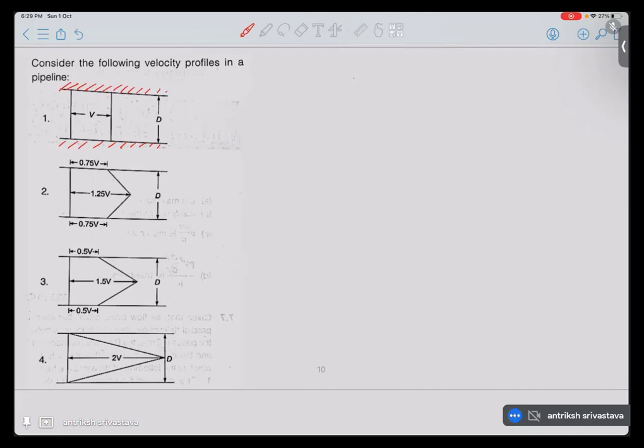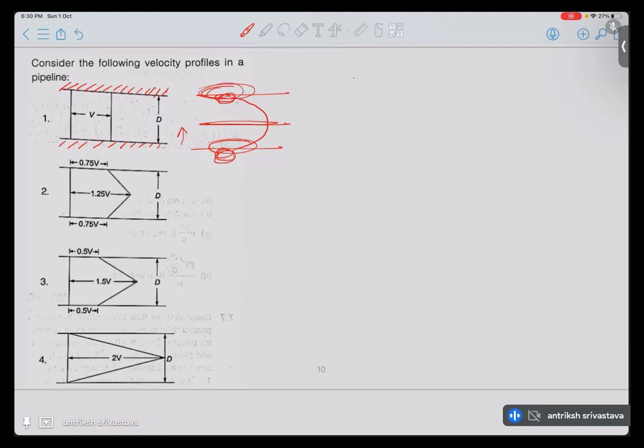How the velocity will vary as we go up the plate is very clear to us: since the shear stress is very high near the plates, the velocity will be lower on this side and maximum somewhere in the middle. So usually we say that it takes a parabolic kind of shape, right? So this is the case.